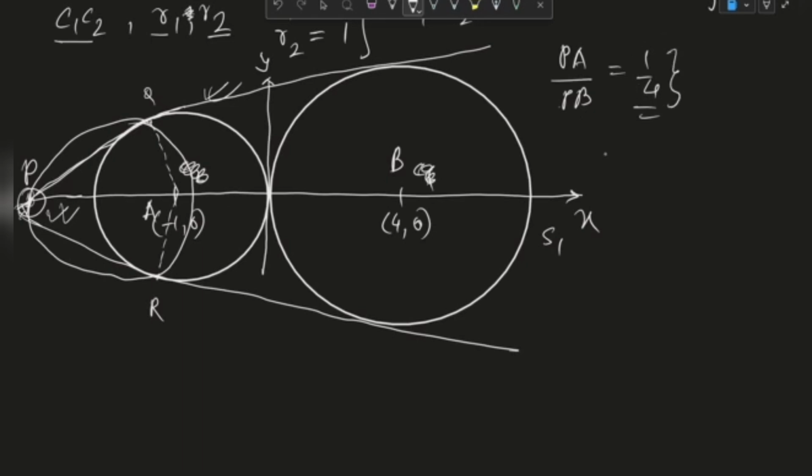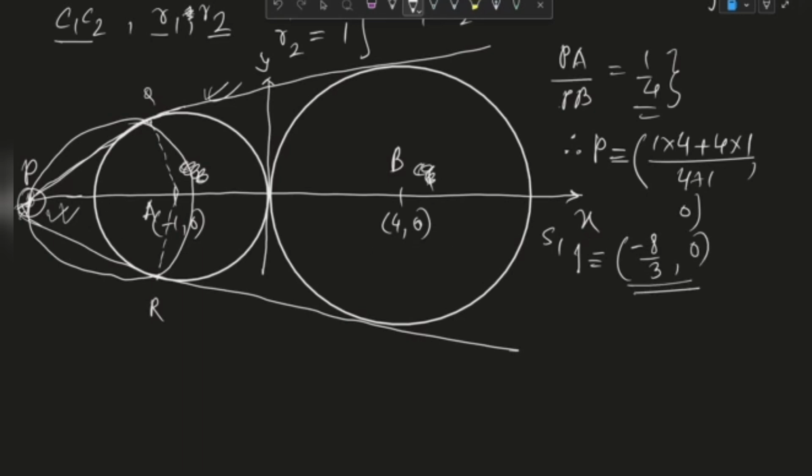So it is pretty easy to find out P. It will become 1 into 4, and this is minus 4 into minus 1, I'm writing this as plus, divided by 4 plus 1. And both y-coordinates are zeros, so that will be 0. So this comes out to be minus 8 by 3 comma 0.